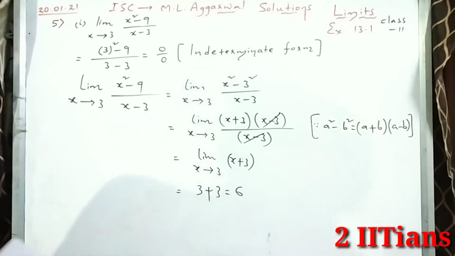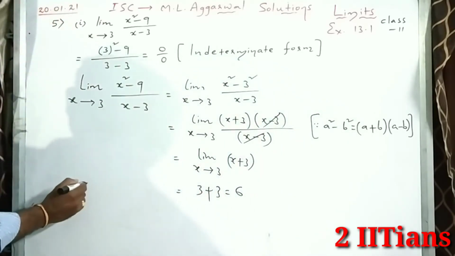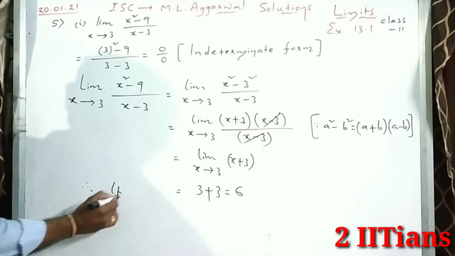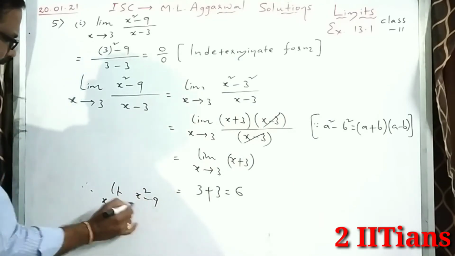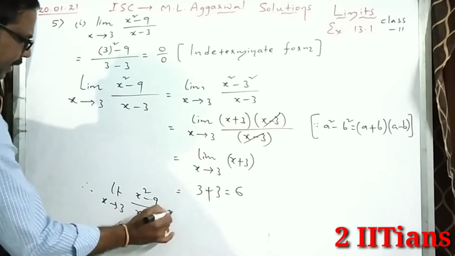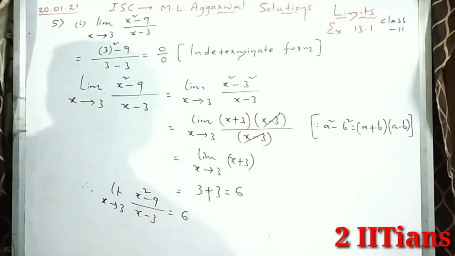Therefore, limit of x square minus 9 upon x minus 3 as x tends to 3 is equal to 6. This step is very important, so remember that. Hope it is clear.